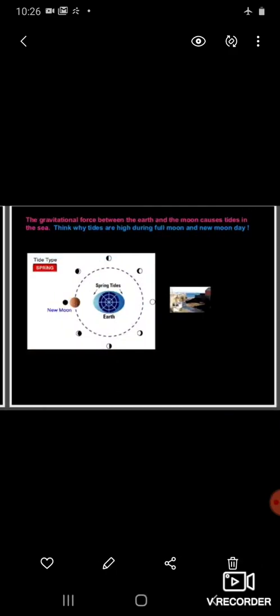And the gravitational force of earth is responsible for holding the atmosphere above the earth, for the rain falling to the earth, for flow of water in the rivers, for keeping us firmly on the earth, for the revolution of moon around the earth, etc. As you all know, gravitation also causes tides in the sea. Tides are very high during full moon and new moon day. That is also due to gravitation of earth and moon.